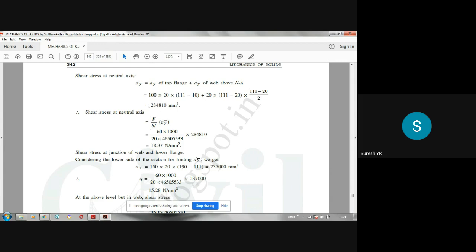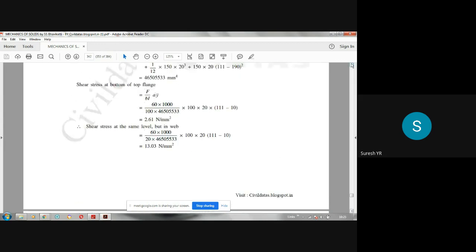Now this value of A into Y bar you have to put in this form. The F is same, B is 20 at the neutral axis level, width of the web is 20, I value remains same. If you simplify that, you will get 18.37. So this is the highest value of shear stress, which occurs at the neutral axis.